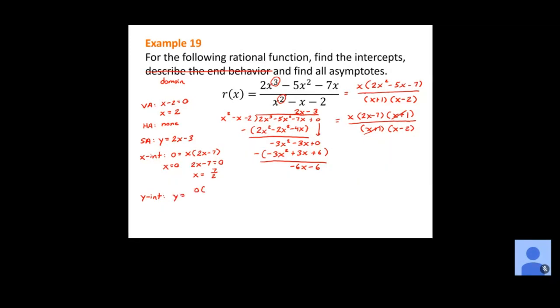That's going to give us 0 times 2 times 0 minus 7 all over 0 minus 2. But in this case, because I'm doing 0 times something in the numerator, it really doesn't matter what I'm dividing by. What is y going to be equal to now? Just 0, right? Okay, because we know the numerator is going to come out 0 over negative 2 is still 0. So our y-intercept is 0.